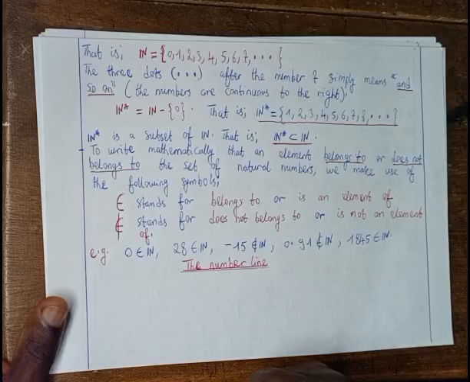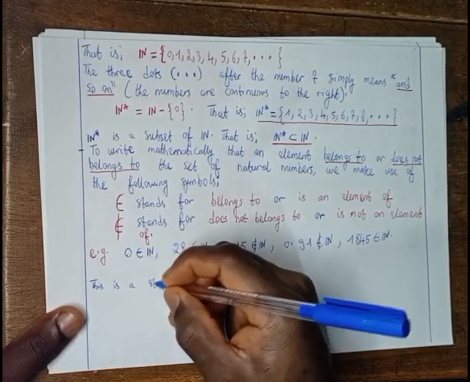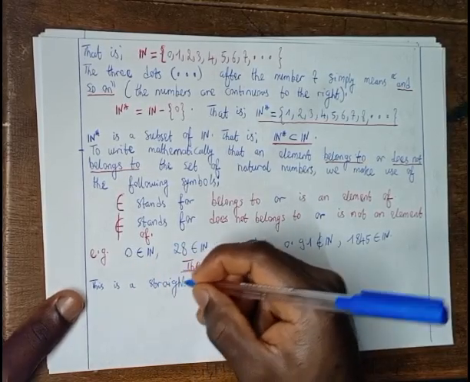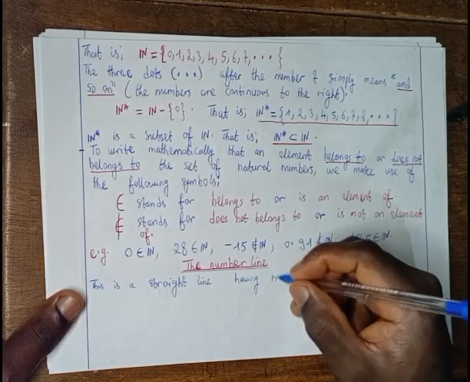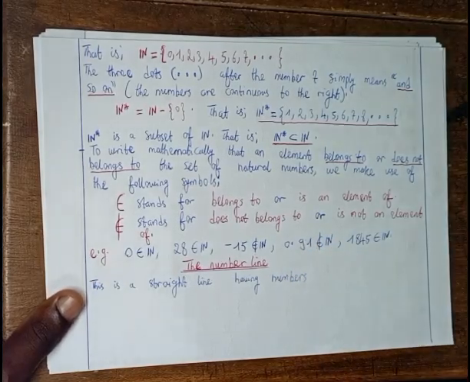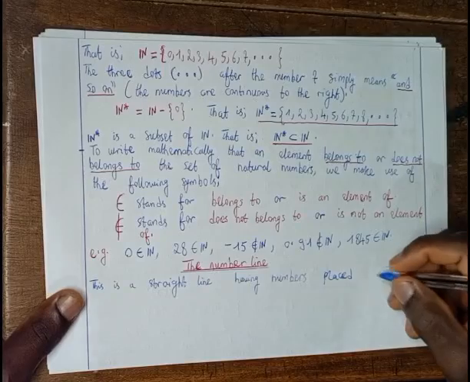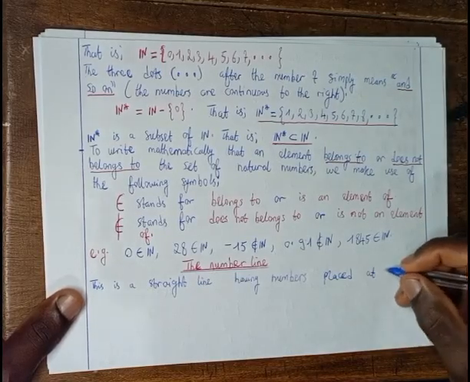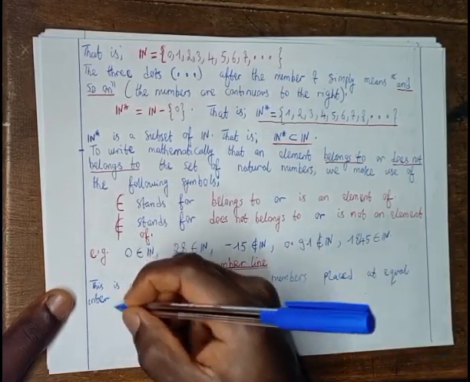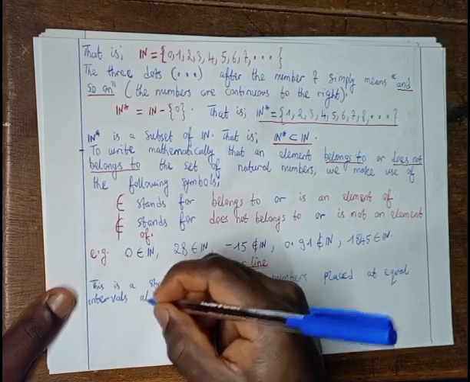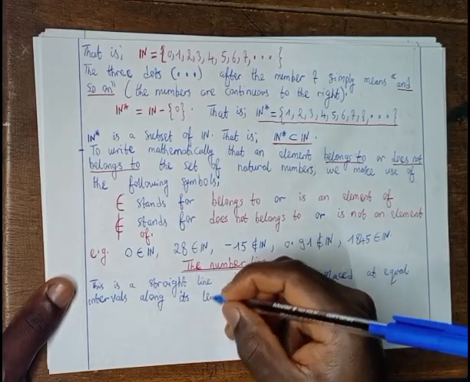When we talk of a number line, this is a straight line having numbers placed at equal intervals along its length.